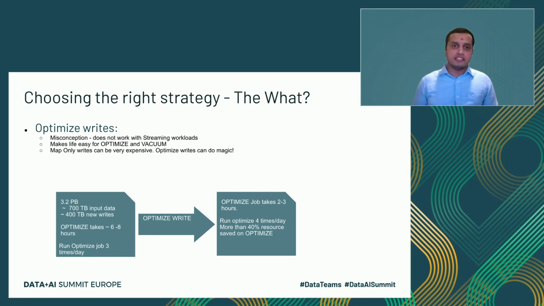We have already seen that when you use optimized write, it introduces an extra shuffle step, so definitely your micro batch execution time is going to be more. But if your streaming workload has the SLA to accommodate that extra shuffle step, then definitely it's a good idea to turn on optimized write for streaming workloads.